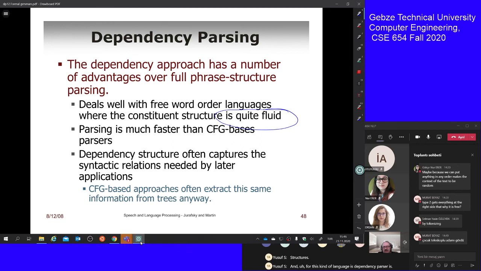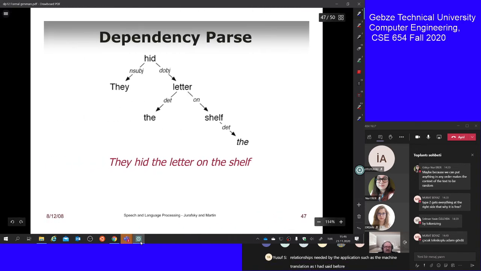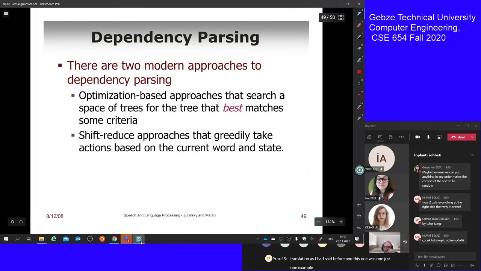Also, a dependency parser is much faster than context-free grammar parsers. Okay, it has several advantages. And it captures the syntactic relationships needed by applications, such as machine translation, as I said before, and this one was just one example.